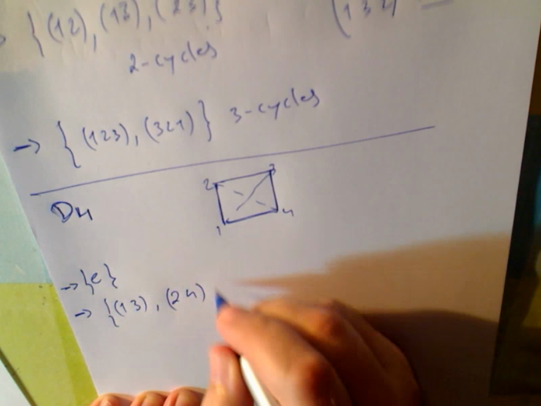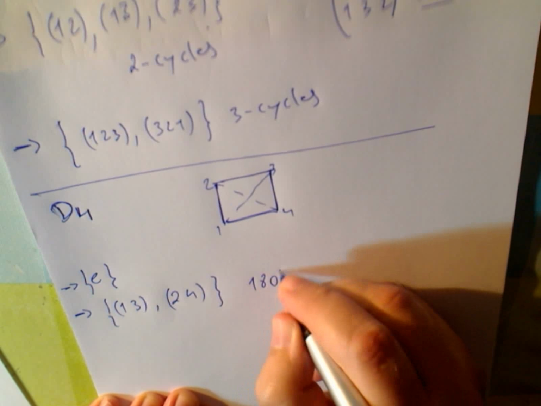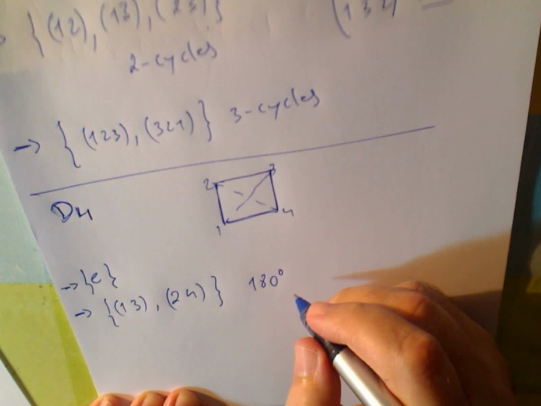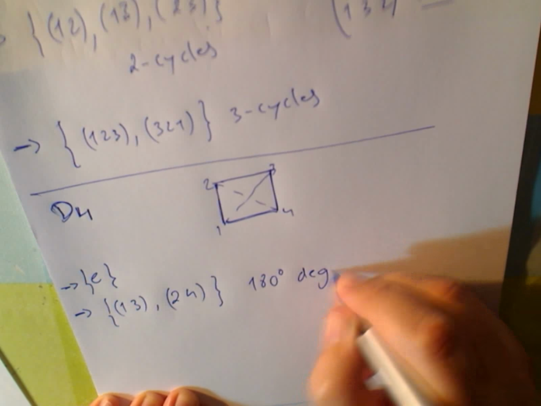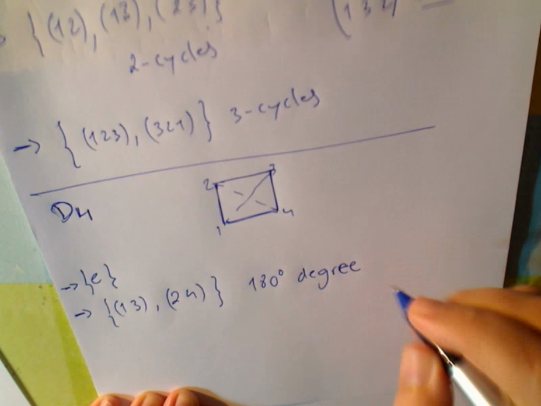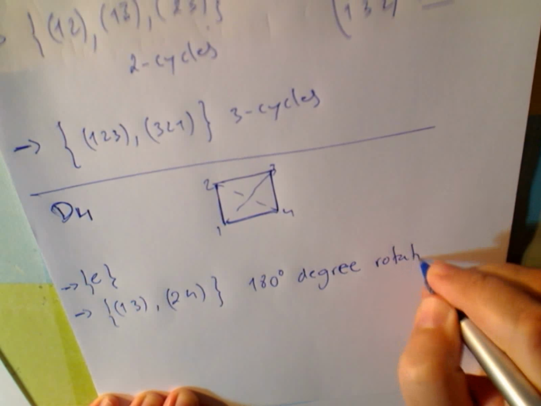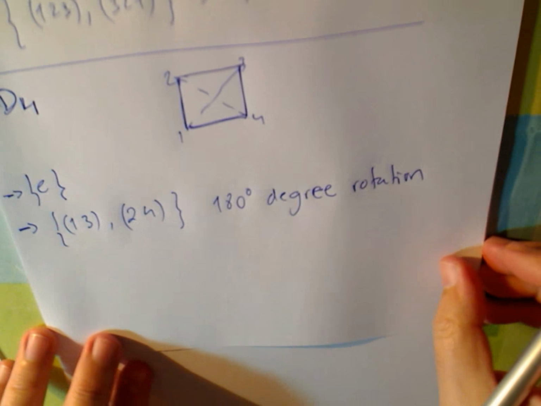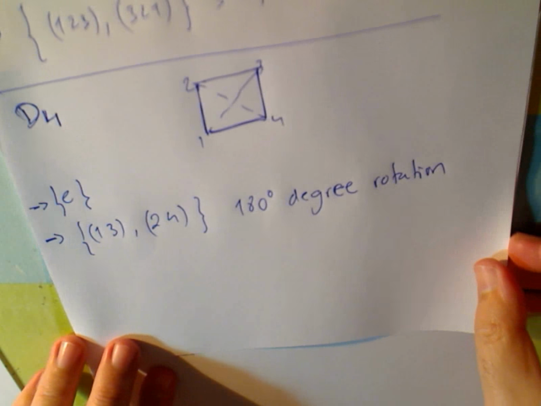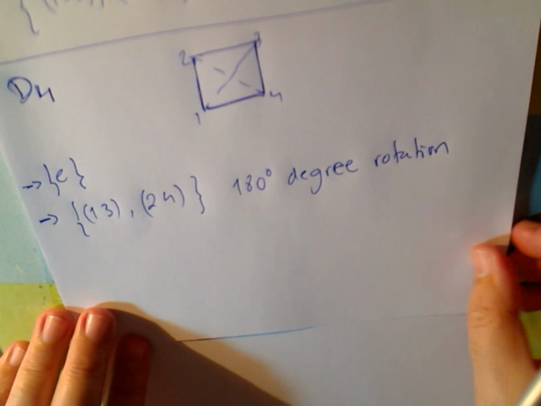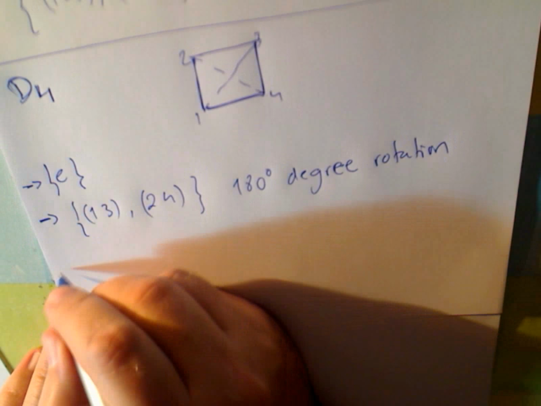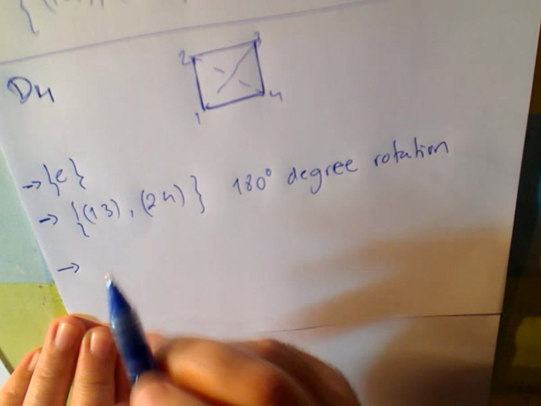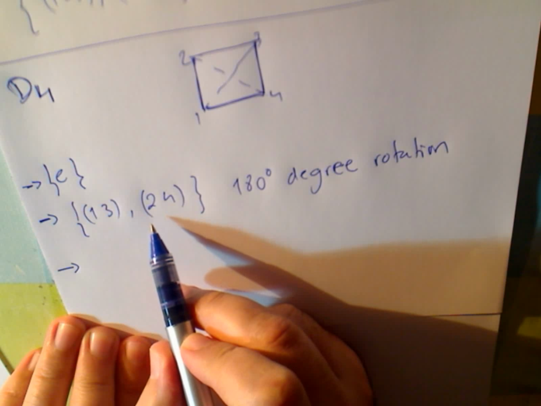So this is the 180-degree rotation. This one is one class, this one is another class.